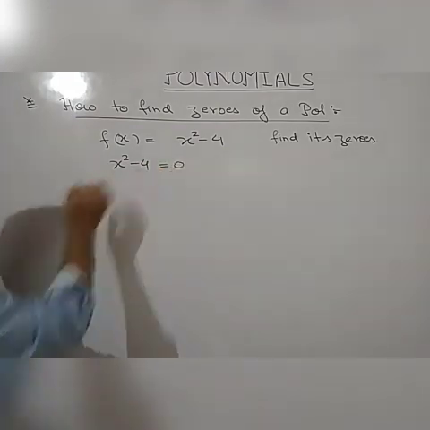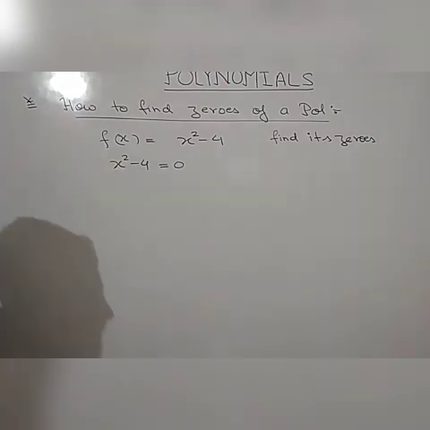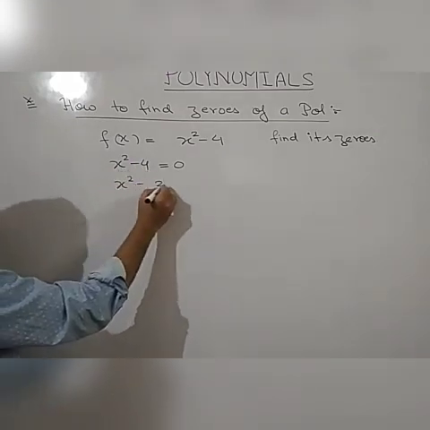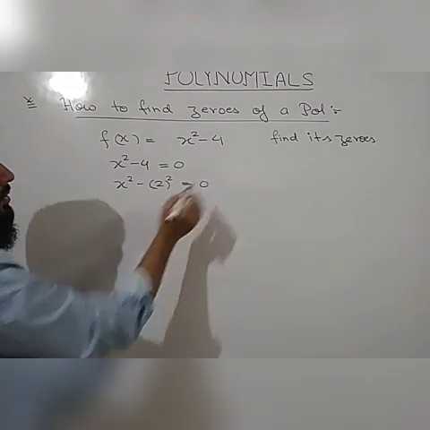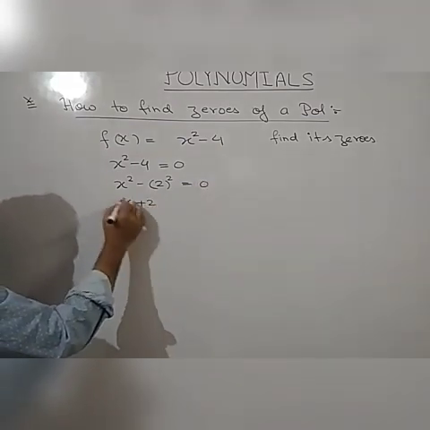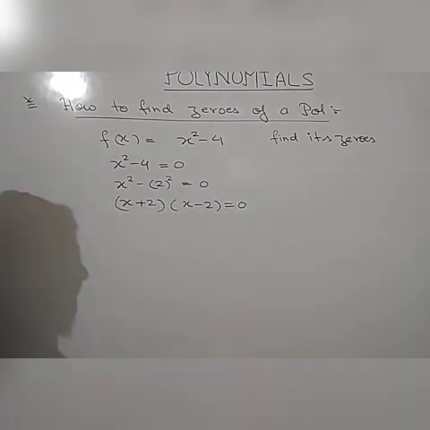Now we have to solve this. For solving such types of problems, we will use the identity. It will be x² - 2² = 0, or it can be written as (x + 2)(x - 2) = 0.